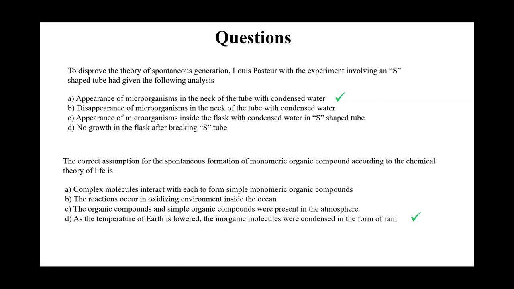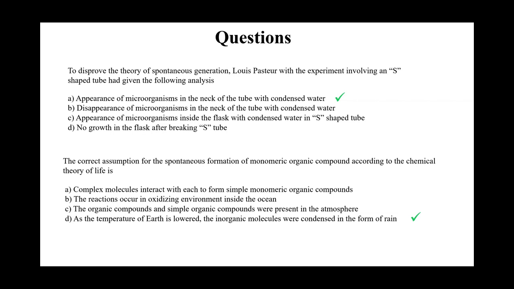So the first one asked which one was the analysis that disproved the theory of spontaneous generation. We'll start with the incorrect answers and why they are incorrect. The option saying no growth in the flask after breaking the S tube was wrong, because if you break the S tube, you bring the air into contact with the flask, so you get growth.